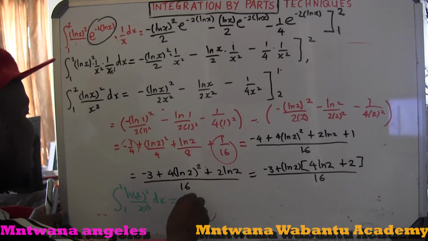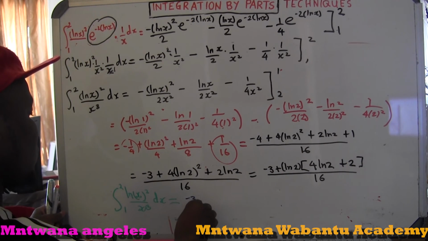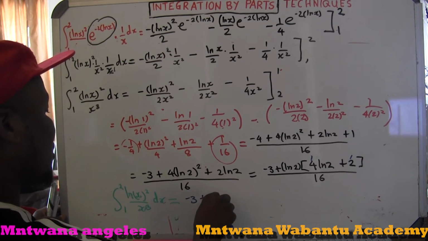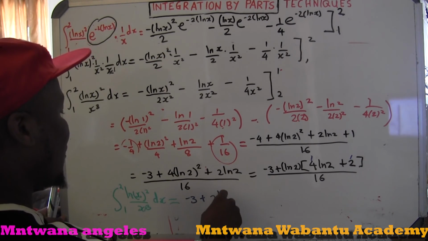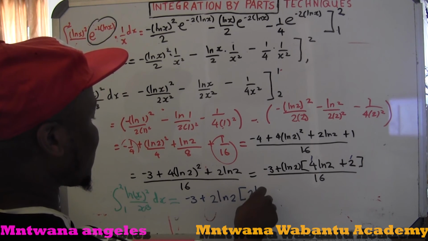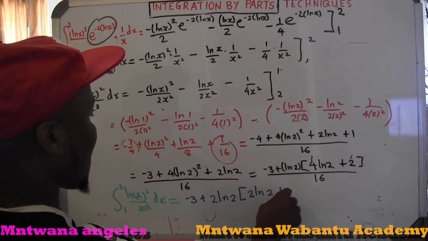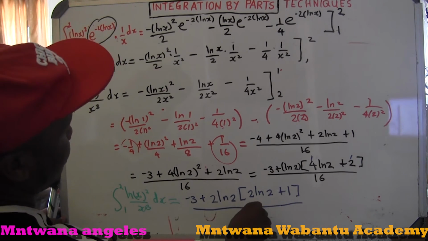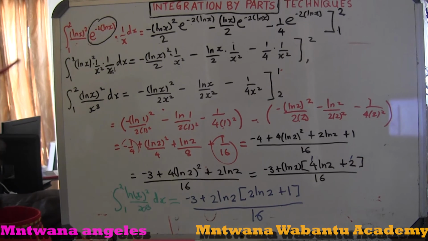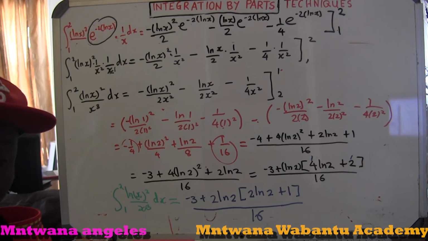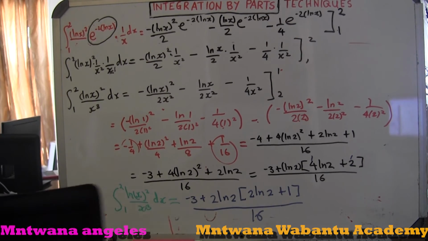So equals negative 3 plus, there's a 2 and 2 that can go out, negative 3, but we have a ln of 2 already. In the bracket we're going to be left with 2 ln of 2 plus 1, over 16. If you want to plug that into a calculator, you can plug it in and finish. So that's how you solve the equation.